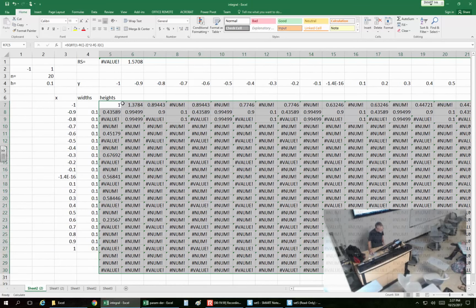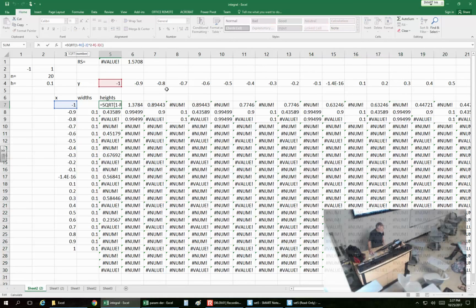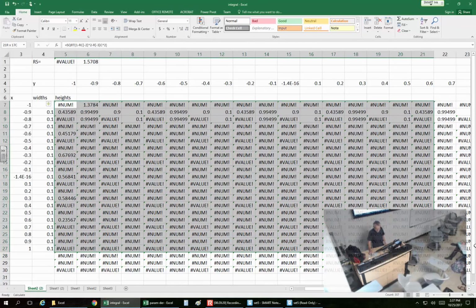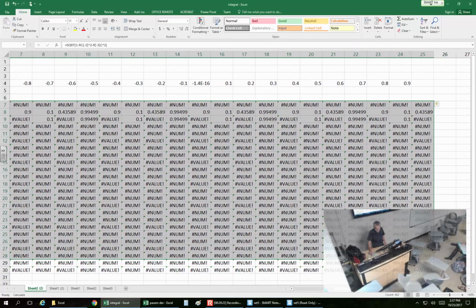What did I do wrong? I don't think my formula is correct. 1 minus, oh, I forgot squared over here. Okay, so we're doing it again. Why didn't it work out? Well, because we are at the point negative 1, 1, and what's wrong with negative 1, 1?